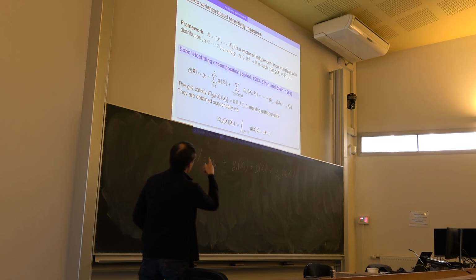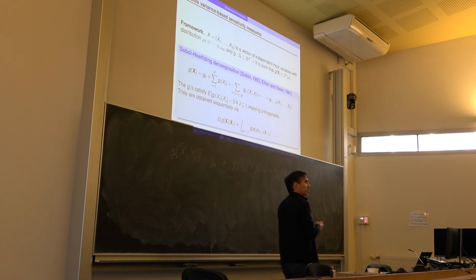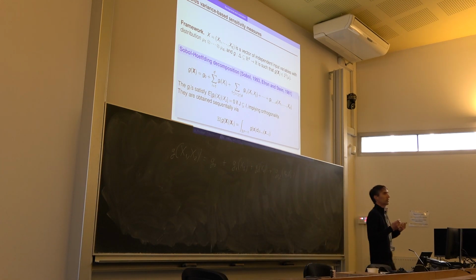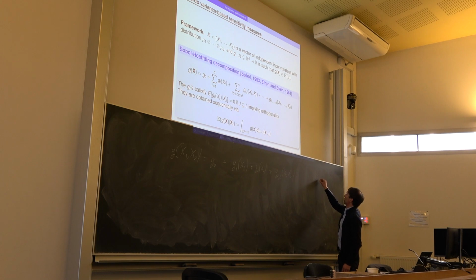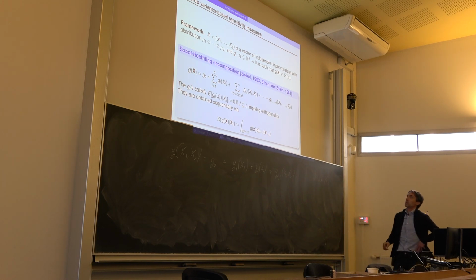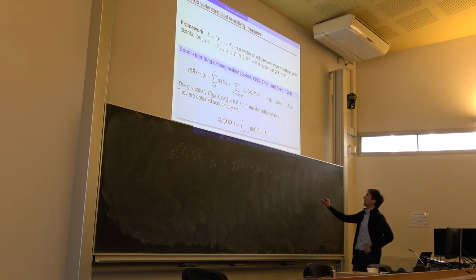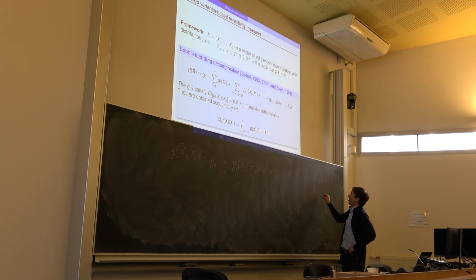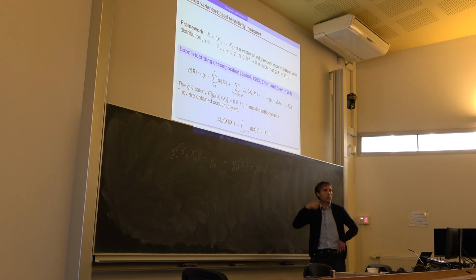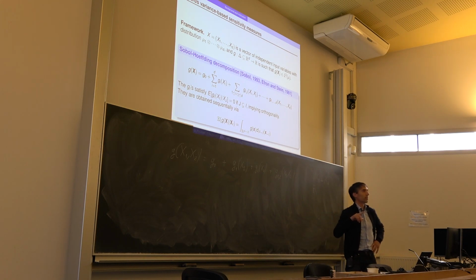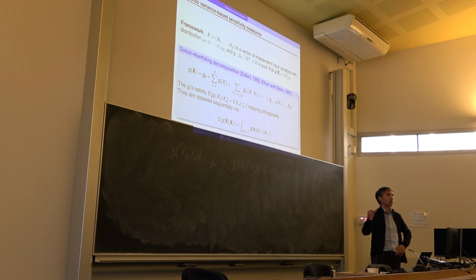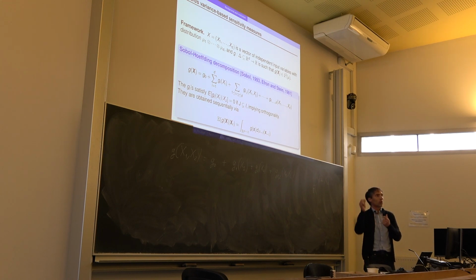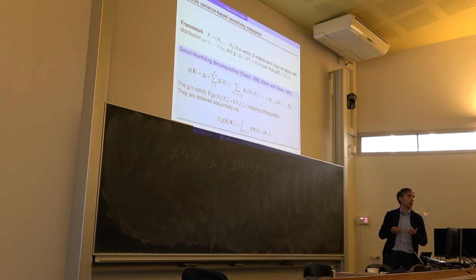Okay, and you have some assumptions. First, you assume that the random variables are independent. This is really important. And then you assume that when you project the terms on strict subspaces, it gives you 0. So it's written with conditional expectation, but you can rewrite it with integrals if you want.